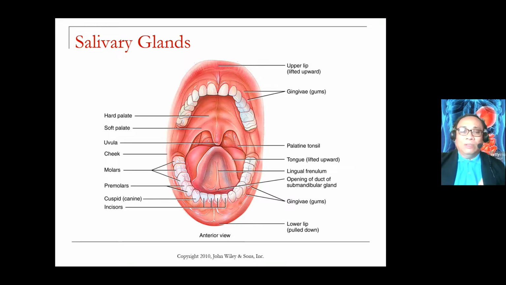So quadrant 1 is the right side of the patient. Quadrant 2 is the left maxillary region. Quadrant 3 is the right mandibular, and quadrant 4 is the left mandibular.